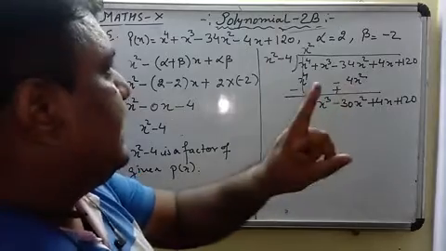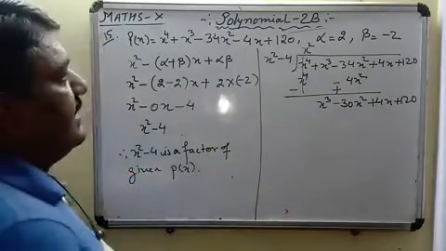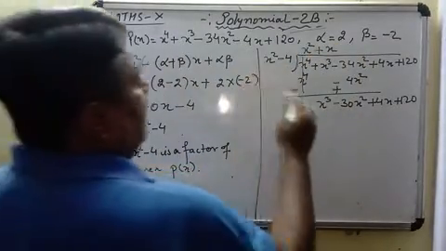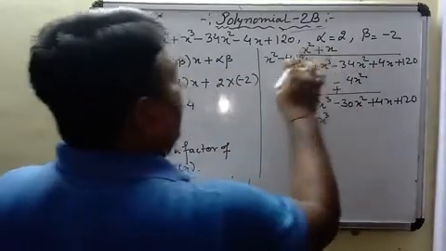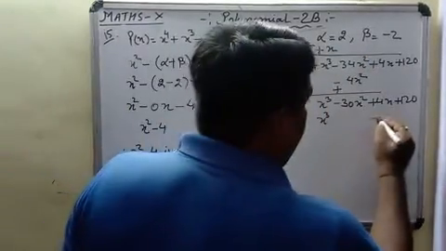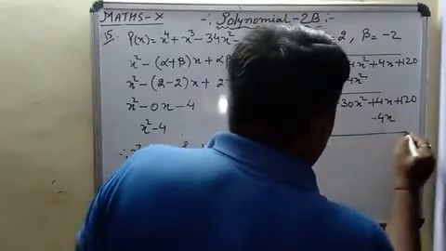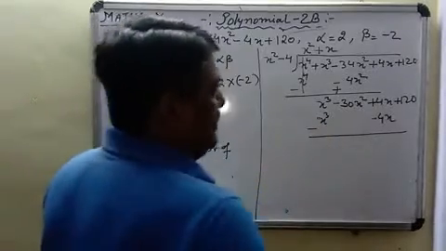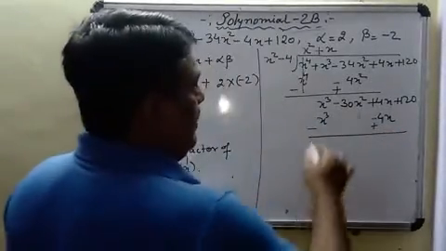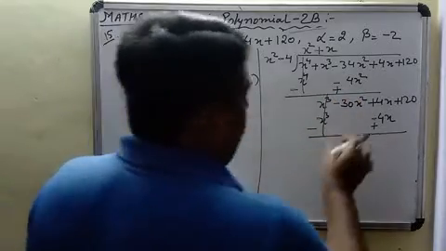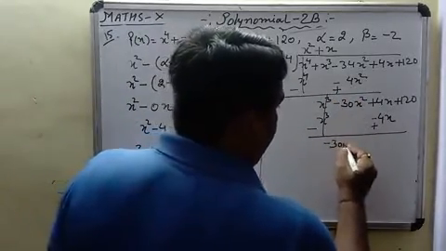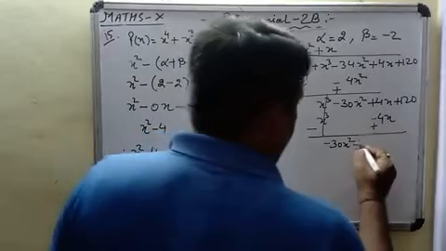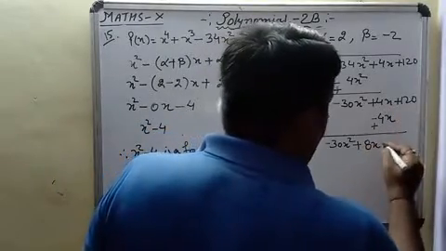So at least one time we have to multiply by x. So we multiplied by x, x square into x cube, x into minus 4 minus 4x. We'll go for the subtraction. Plus minus, this minus will become plus. Plus minus x cube cancelled. What is left? Minus 30x square plus 8x and plus 120.